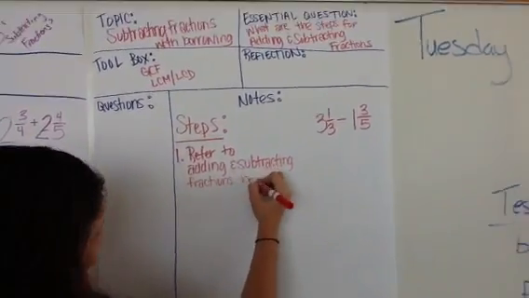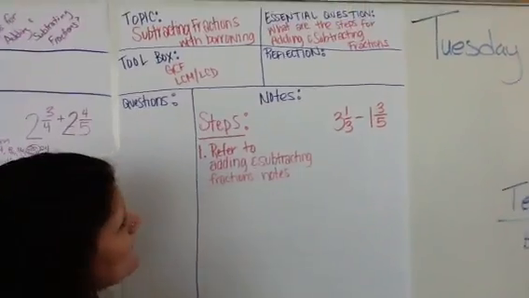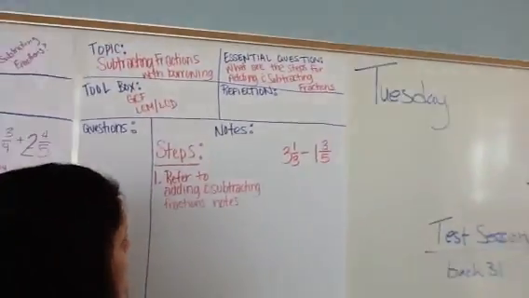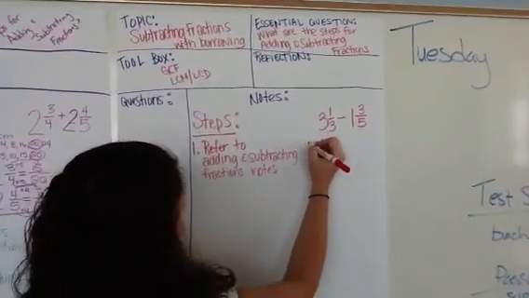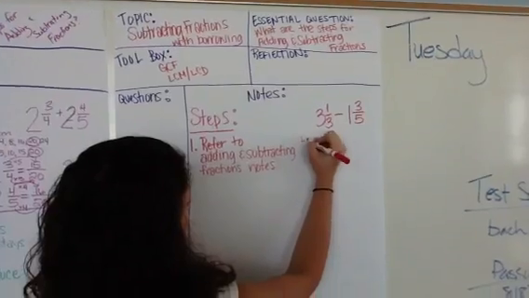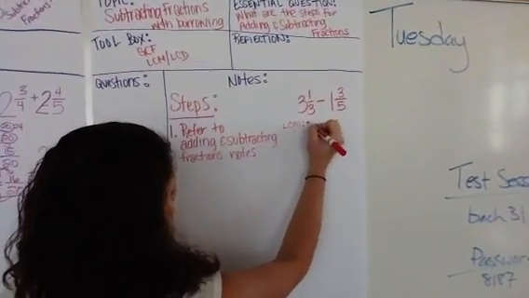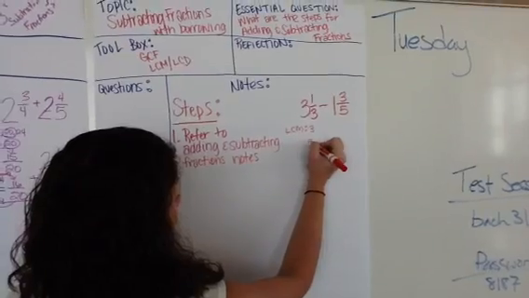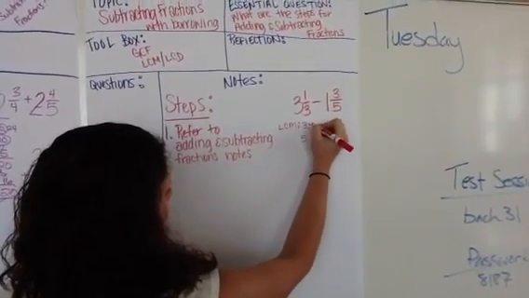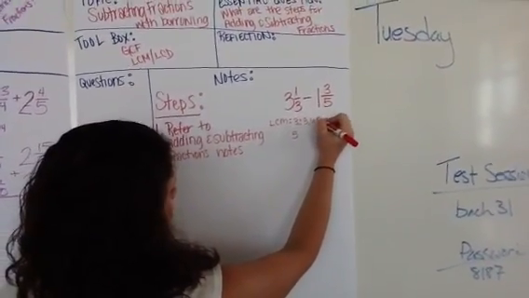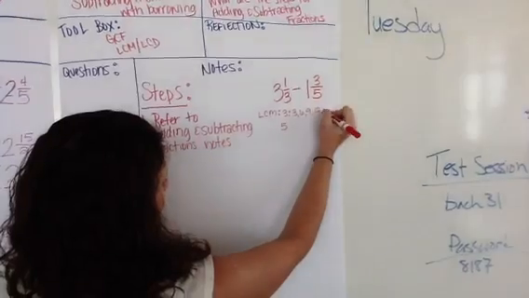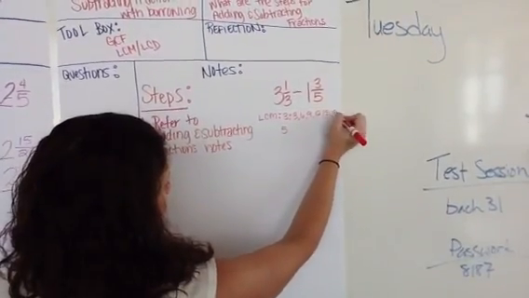All right. So the first thing that we did is we found our LCM. So looking for the LCM for our denominators 3 and 5. LCM 3 and 5. So 3, 6, 9, 12, 15, 18.